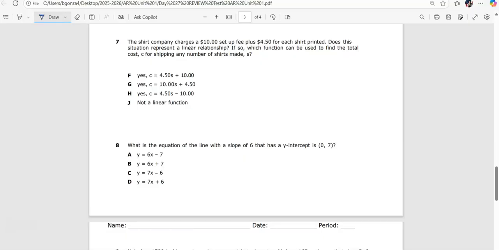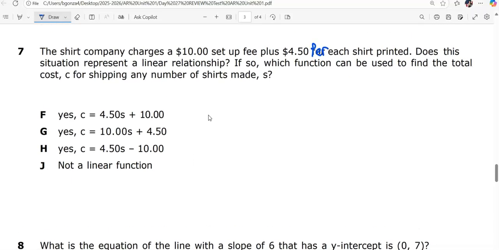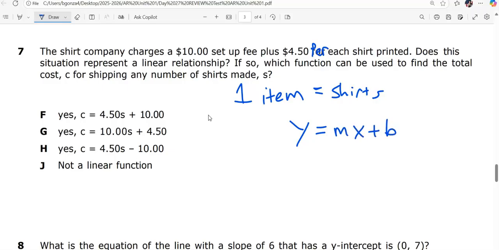All right, the shirt company charges $10 setup fee plus $4.50 for each shirt. Think of this as per each shirt. This is like when we did those word problems. If we have word problems with one item, which is shirts, then we know it's going to be y equals mx plus b.